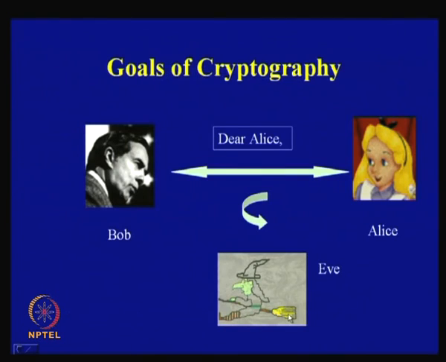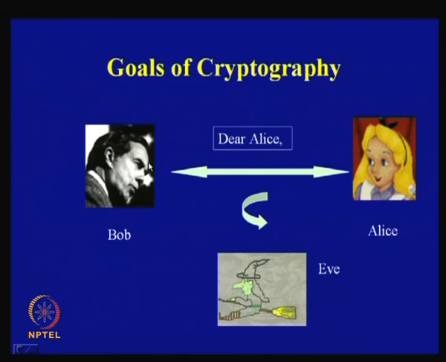Now we shall consider the typical scenario of a cryptographic network. There are essentially two legal or authorized users, Bob and Alice. As we discussed in the last class, they are the two most popular characters used to describe a cryptographic scenario.